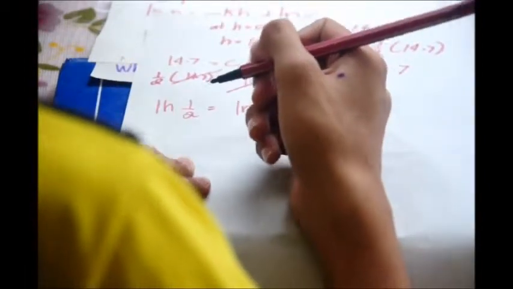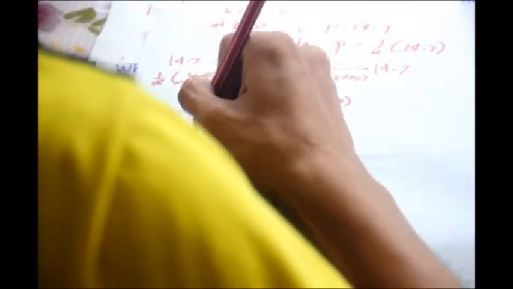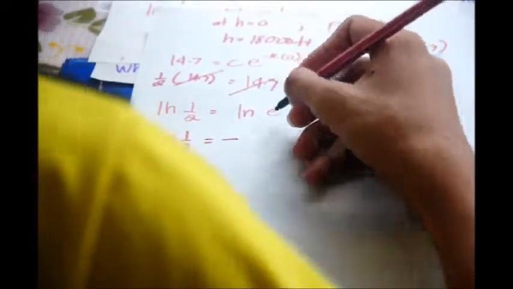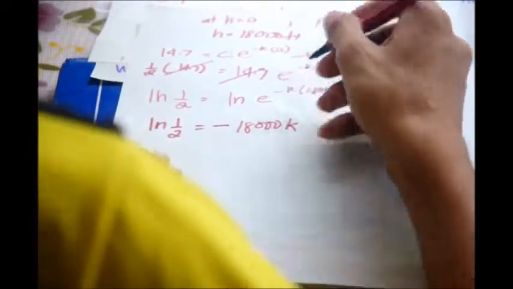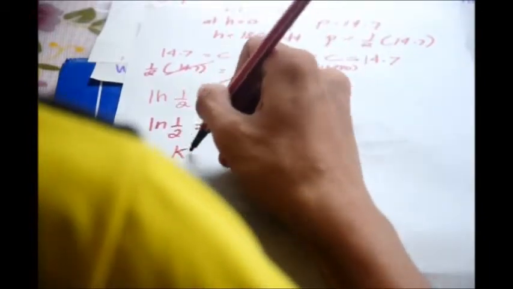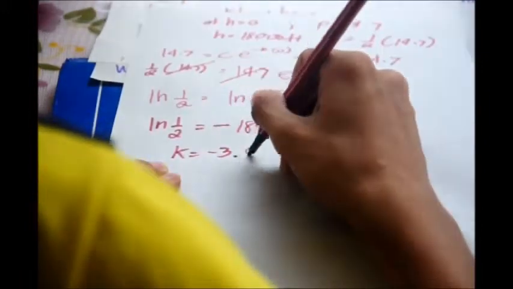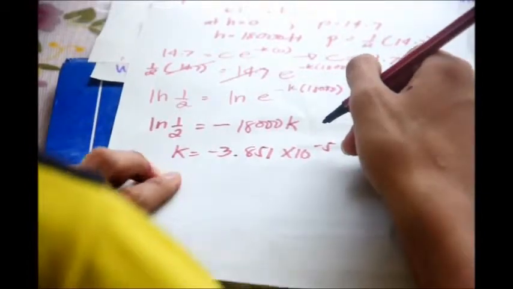Therefore, ln of 1/2 equals negative 18,000k. So therefore, k equals negative 3.851 times 10 to the power negative 5.